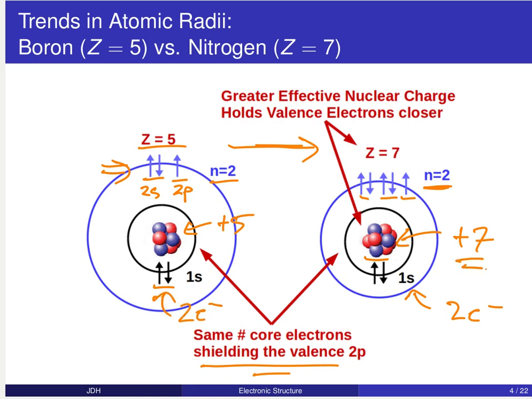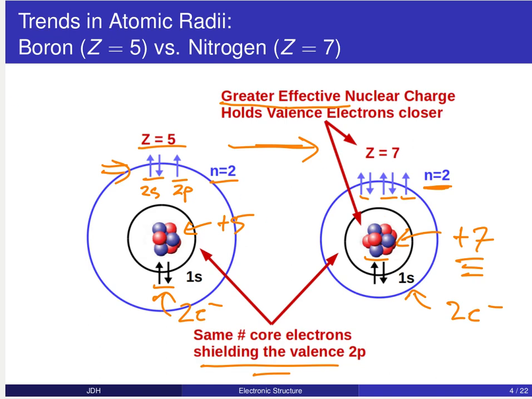So we've got a greater effective nuclear charge. And if there's a greater effective nuclear charge, then those outermost electrons are going to be pulled in, and their corresponding probability distributions are going to be shifted closer towards that nucleus.